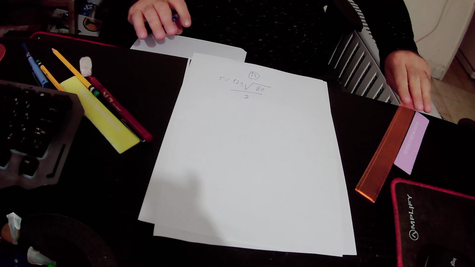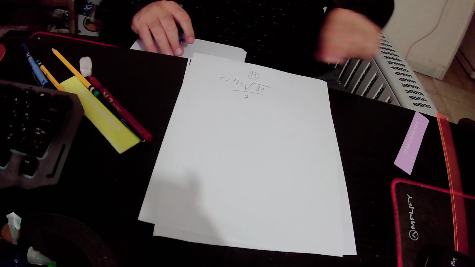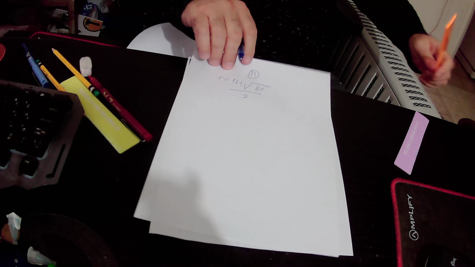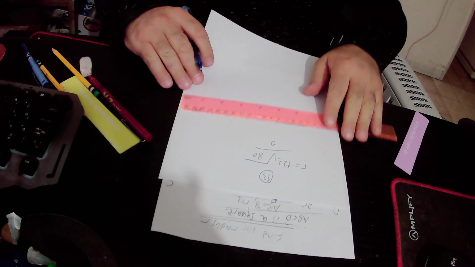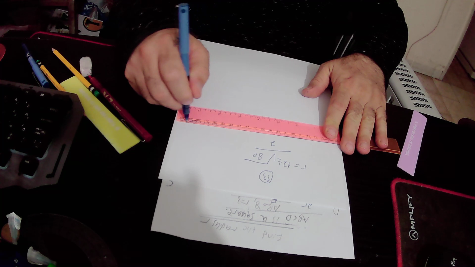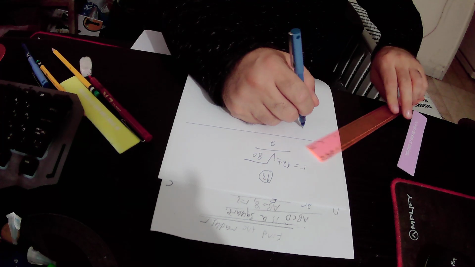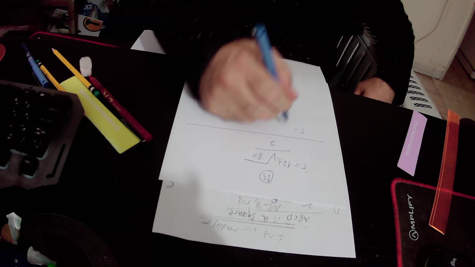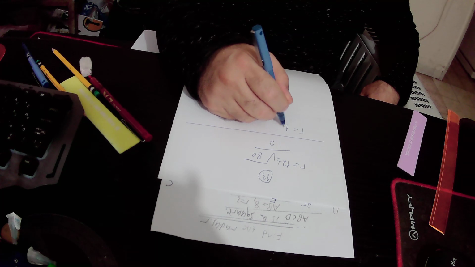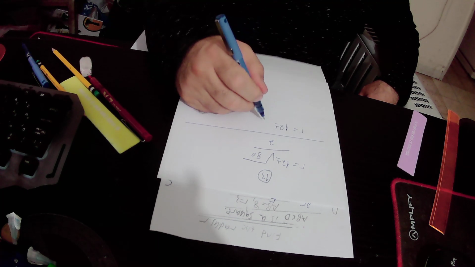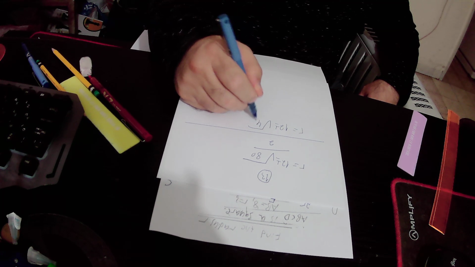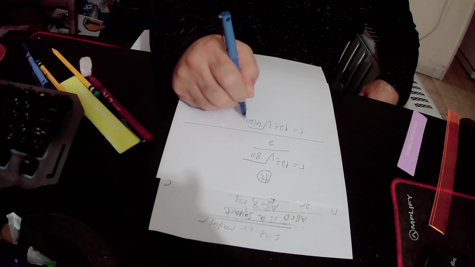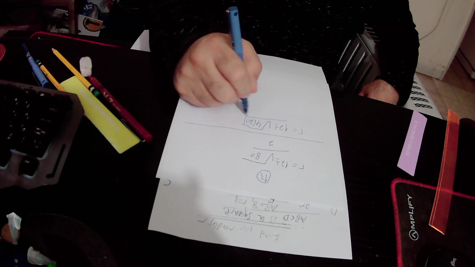Actually 80 is 4 times 20, so I write it down. So r equals 12 plus minus. Instead of 80, we will write down 4 times 20, over 2.